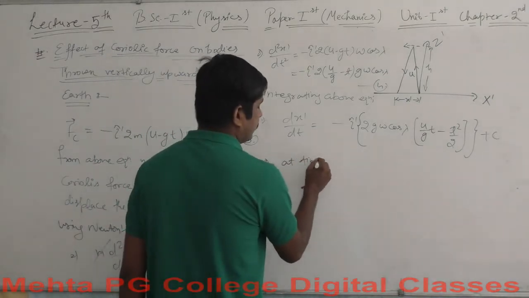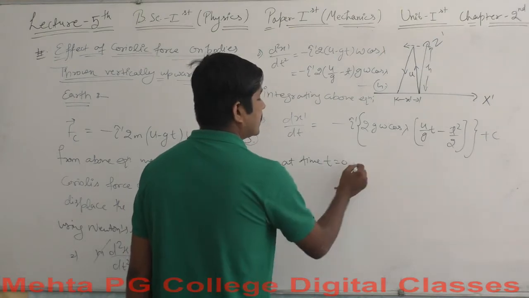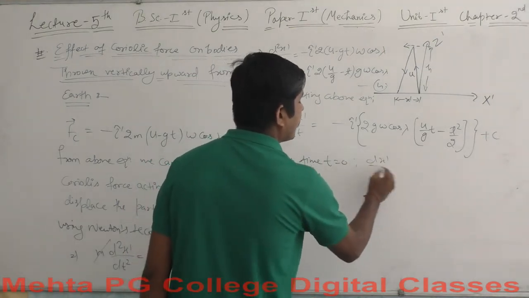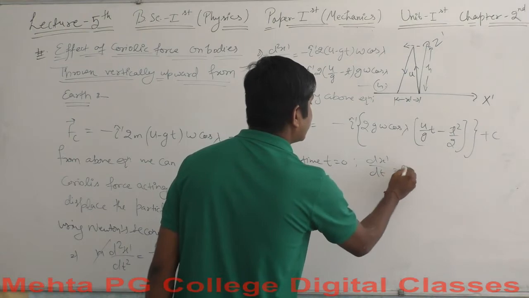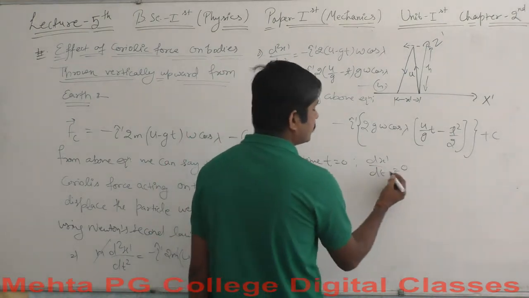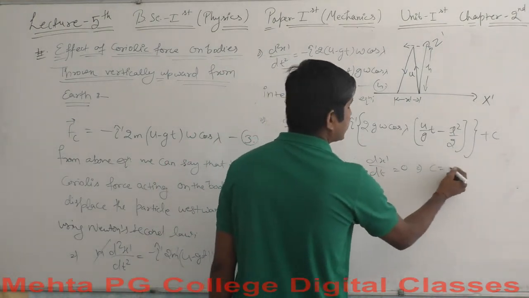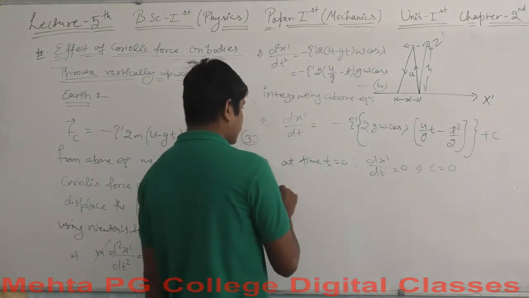At time t equals 0, dx dash over dt was also equal to 0, and now from this you can say that c will again equal 0.